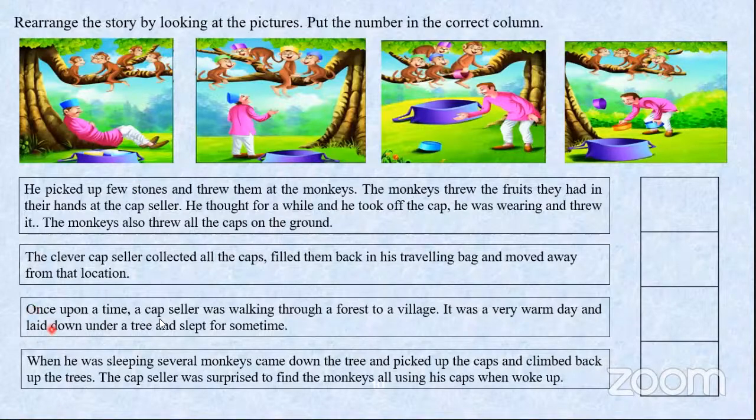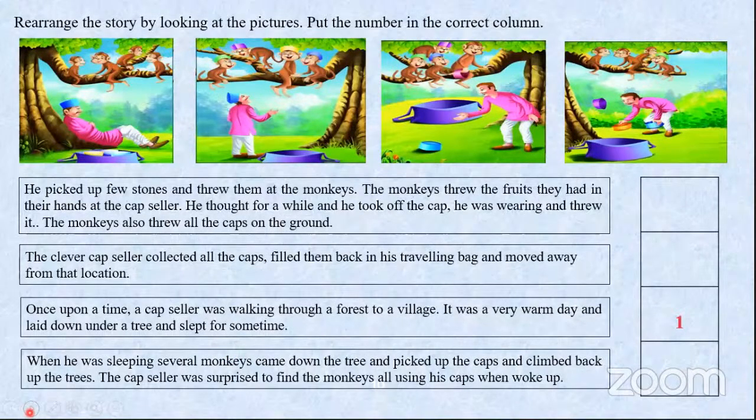Once upon a time, a capseller was walking through a forest to a village. බොහෝ කාලයකට පෙර capseller කෙනෙක් was walking through a forest to a village. ගමකට යමින් හිටියා කැලයක් හරහා. It was a very warm day and he laid down under a tree and slept for some time. එක ටිකක් රස්නේ දවසක් මෙයාට මහන්සි හින්දා මෙයා ගහක් යට ඇලවෙලා පොඩ්ඩක් නිදාගත්තා. Right? Picture. So this is the first part.